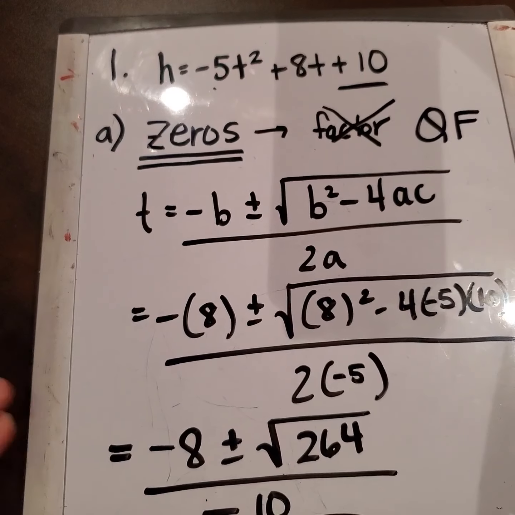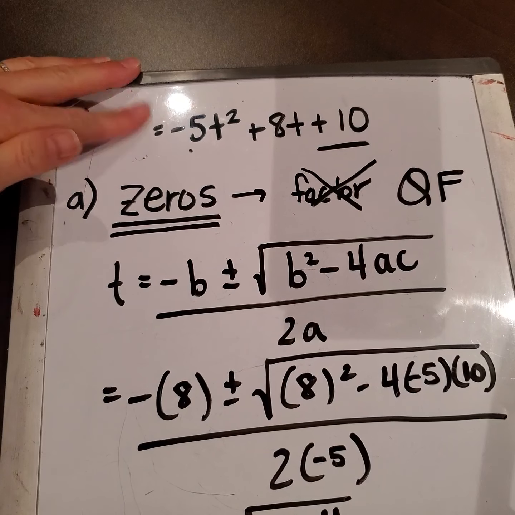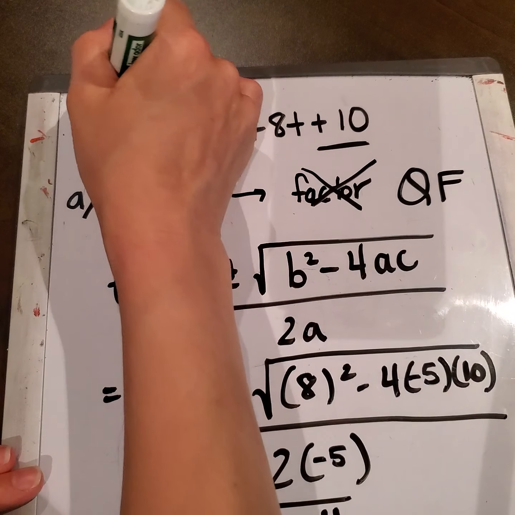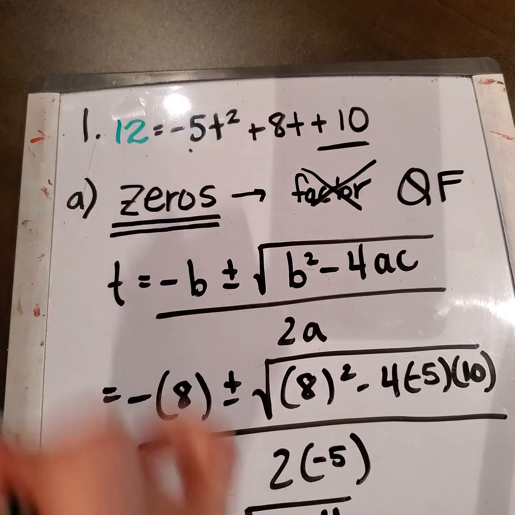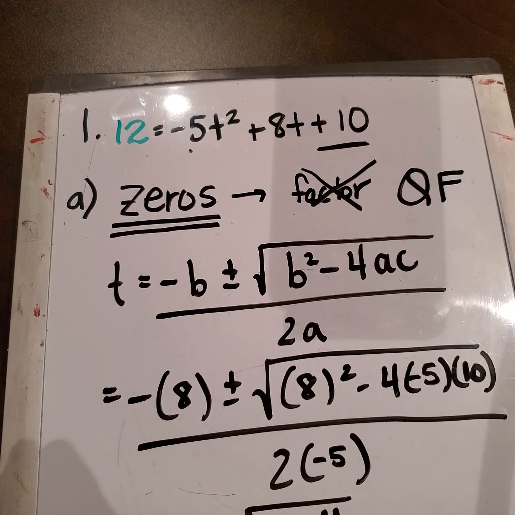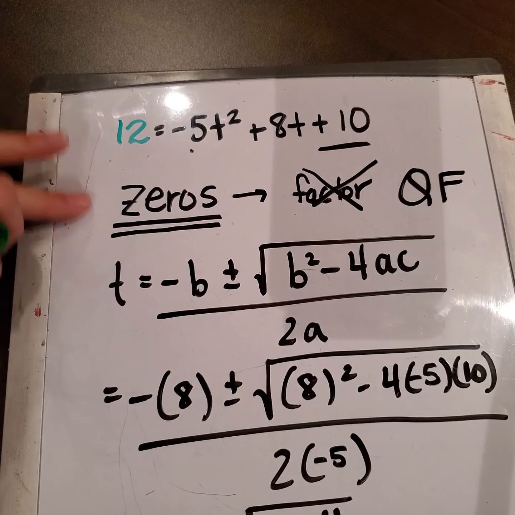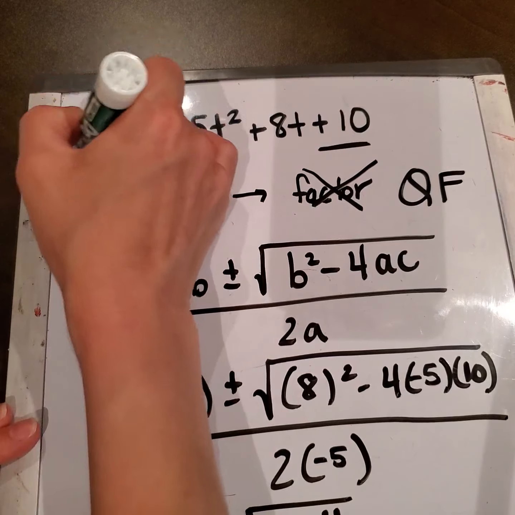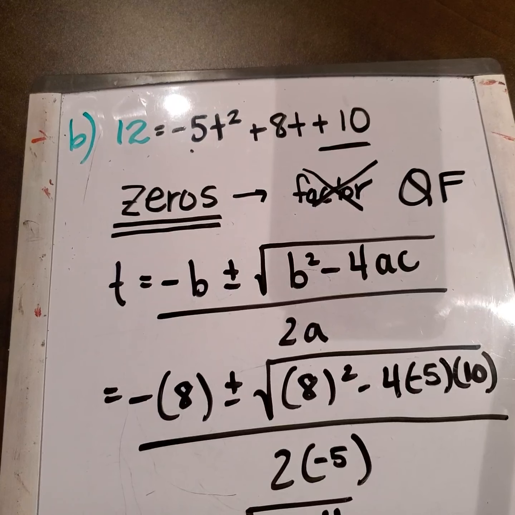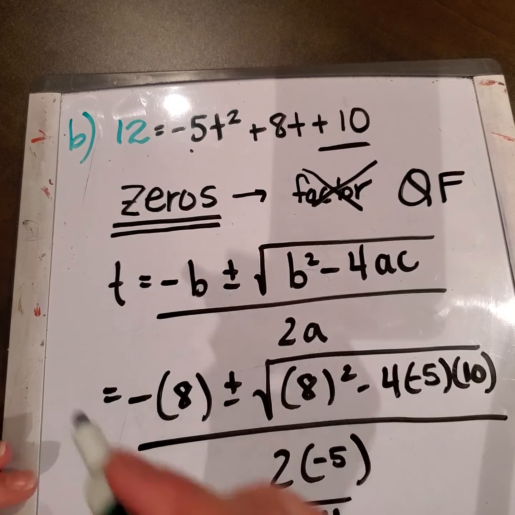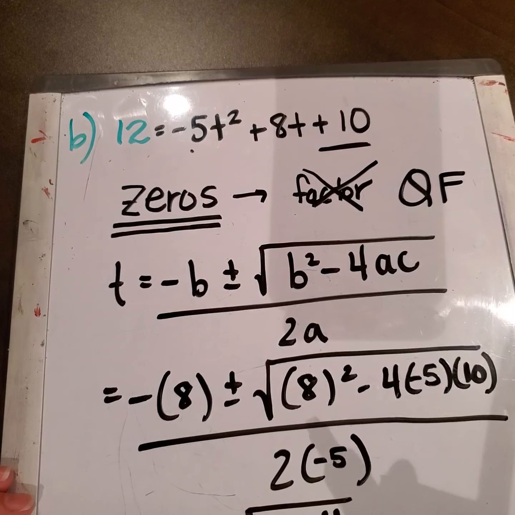So now I am no longer interested in a height of 0. I am now interested in a height of 12, okay? Now, this is a very commonly made mistake on assessments, okay? Kids jump right into the quadratic formula, but we can't do that until this equation equals 0.